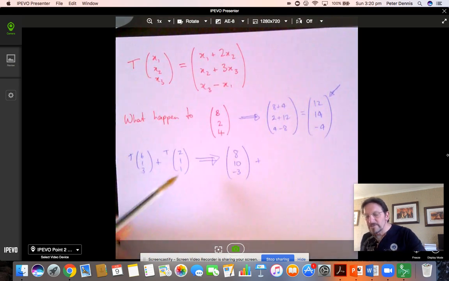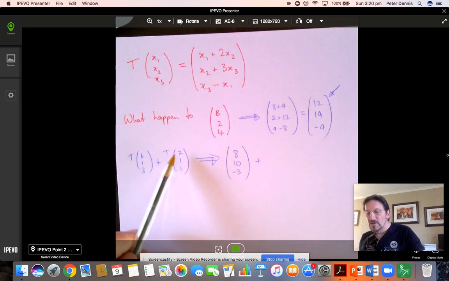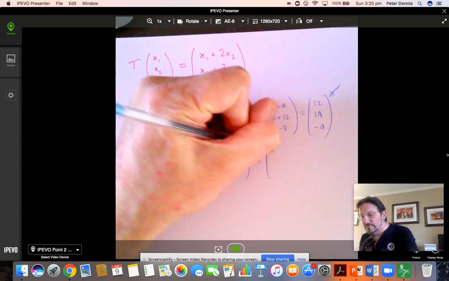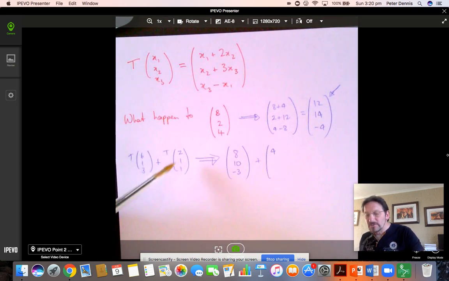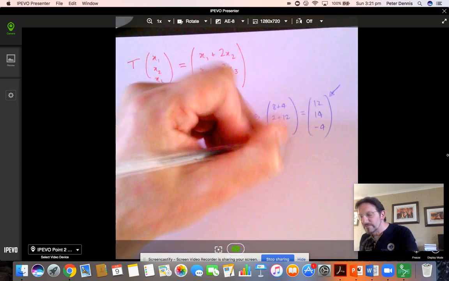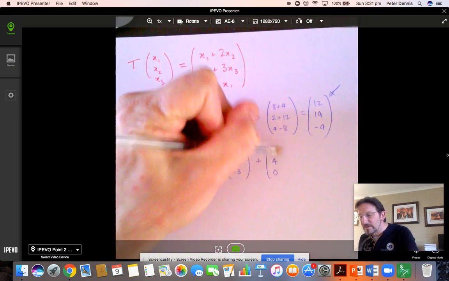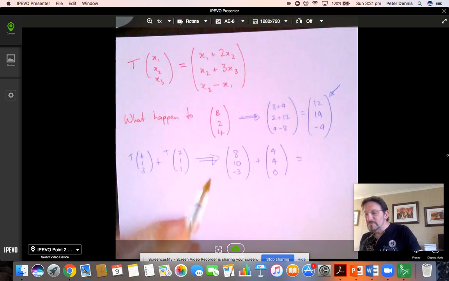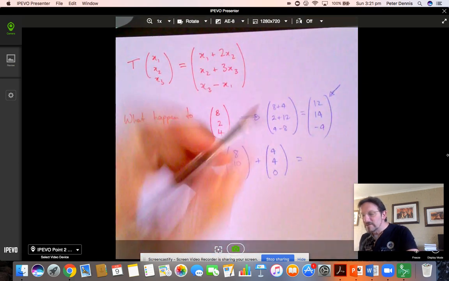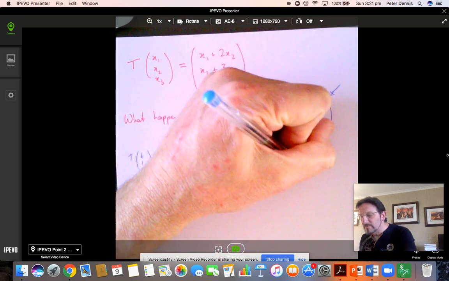And we're going to have to add it to what this one becomes, which is 1 plus 2 times 1, so 2 plus 2 is 4. x2, 1 plus 3 lots of 1 is 1 plus 3 is 4. And x3 minus x1 is going to be 0. So this becomes 12, 14, minus 3.